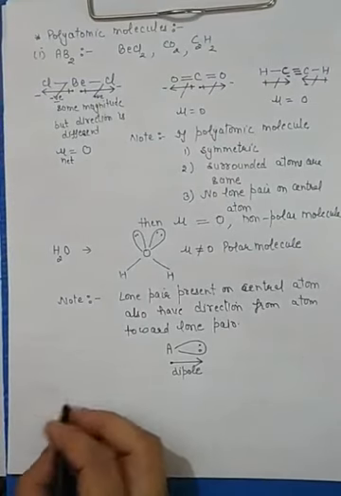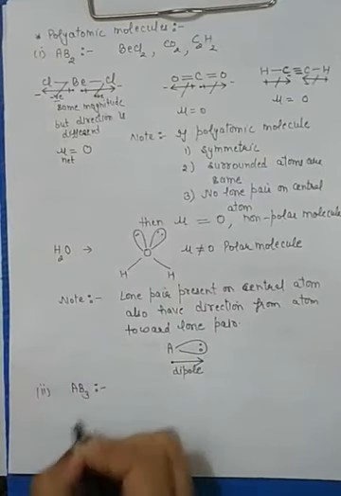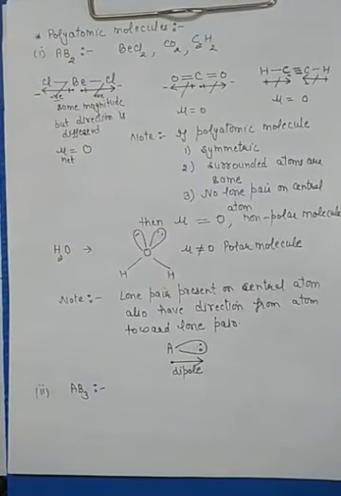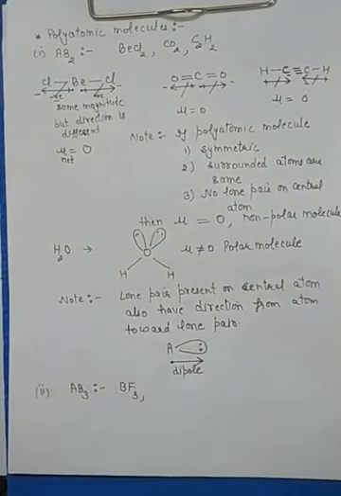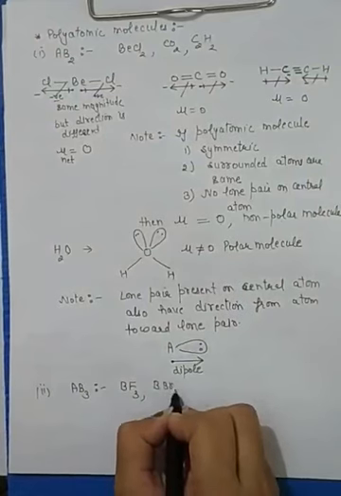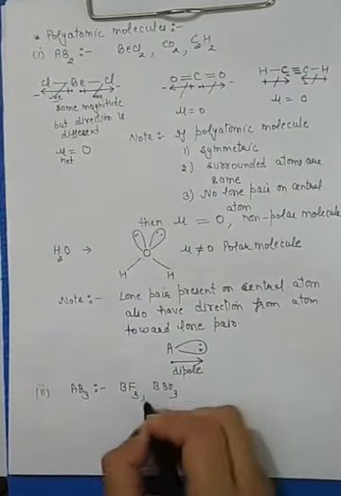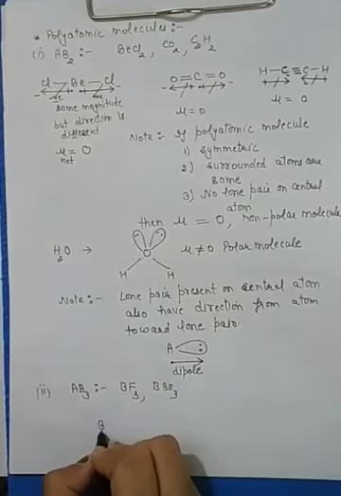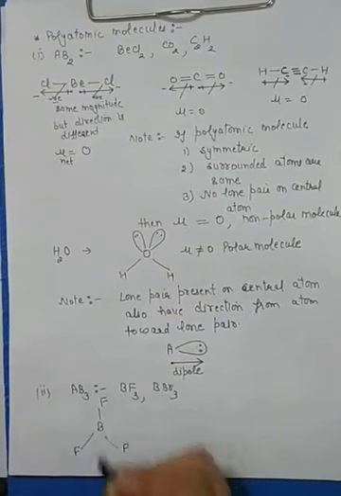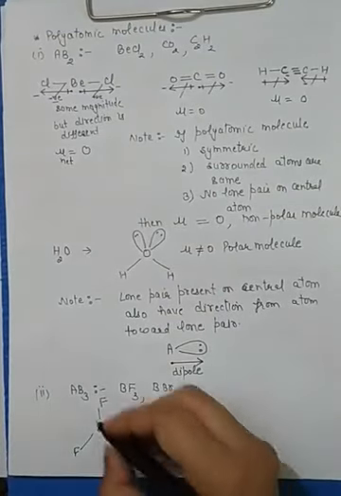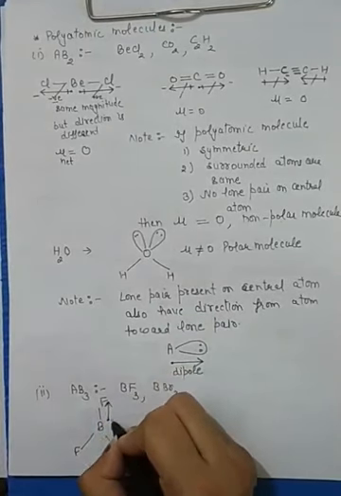So the next type is AB3. For example, BF3, BBr3. So first of all, similarly, draw the structure of these molecules and make the dipole from less electronegative toward the more electronegative.